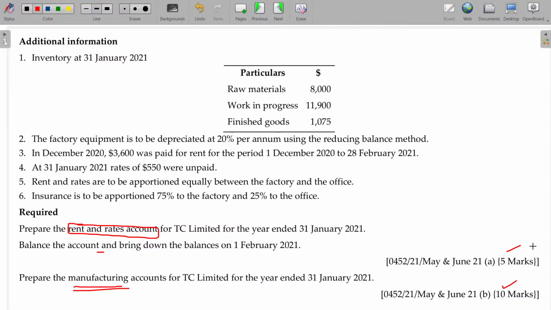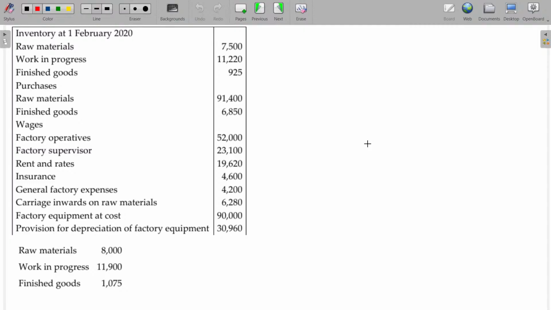Let's see. As usual, first, what are the adjustments? Factory equipment is to be depreciated at the rate of 20% per annum on reducing balance method. So from this, if you subtract this value, on that 20% will be calculated.